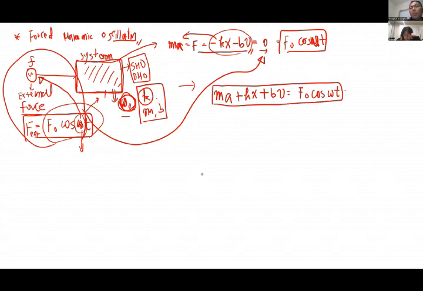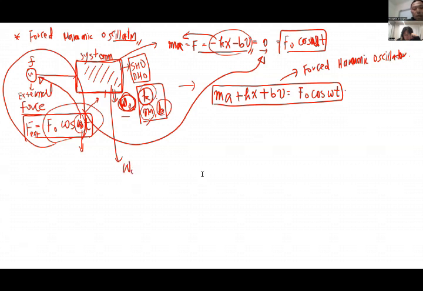That is the basic format of the forced harmonic oscillator. Here, this system, as I already showed you, is characterized by the spring constant k, the damping parameter b, and the mass of the object inside the system.